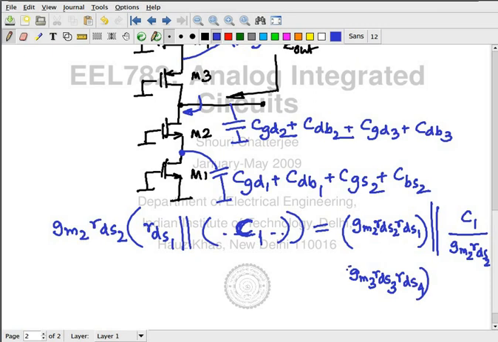This is my resistor when I look upwards, and my capacitor is the corresponding capacitor up there, which I am going to call C2 divided by GM3 RDS3. Okay, this is when I look upwards.